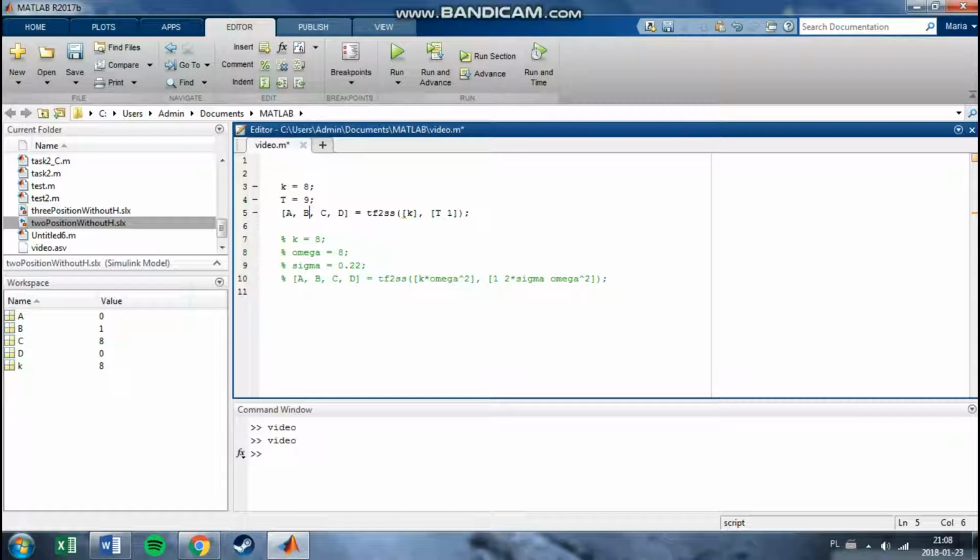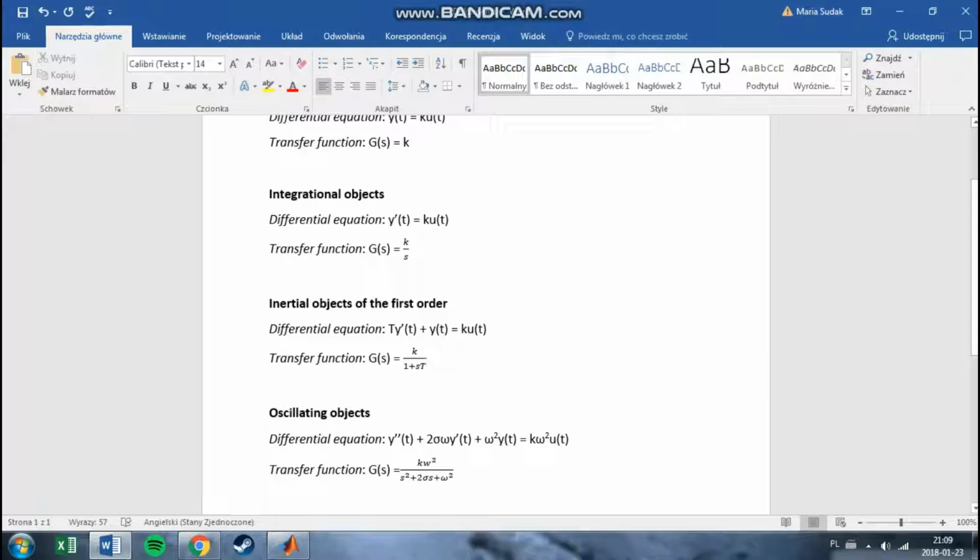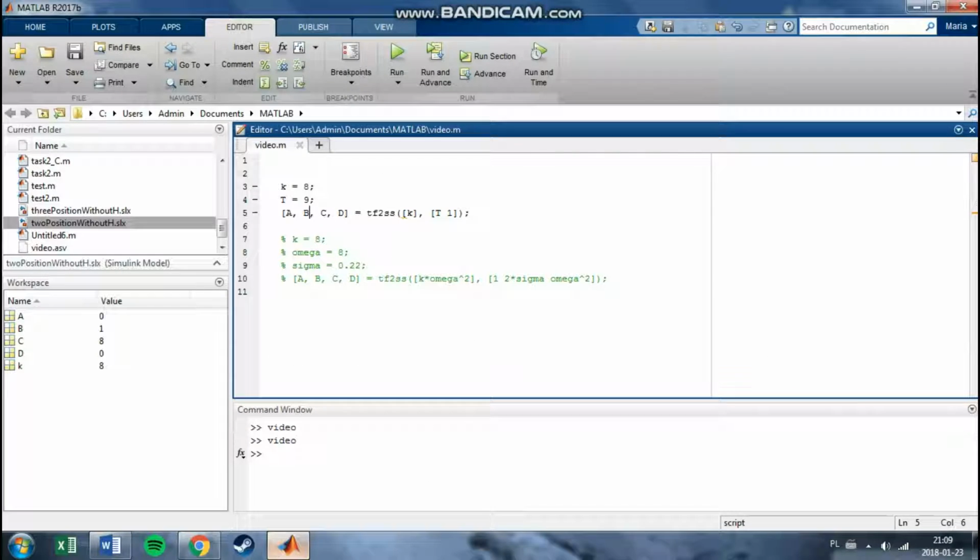We set the value of k to be equal to 8, the value of T equal to 9, because we have T here, and the numerator is once again k, and in the denominator we have T and 1, because in the denominator we had Ts plus 1. As we can remember from the previous example, it's s times T plus 1. So let's run it, and we have those values.